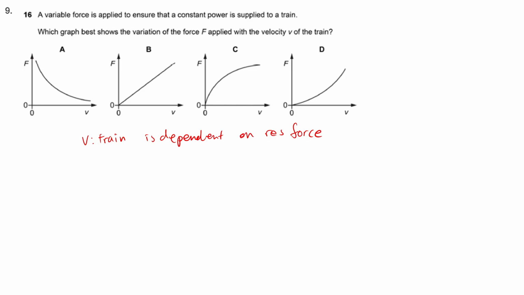But basically you just use Newton's laws, saying that F is equal to ma, right? If the resultant force F is greater than 0 and our mass is constant, our acceleration is also going to be greater than 0. So that means that we're accelerating, right?